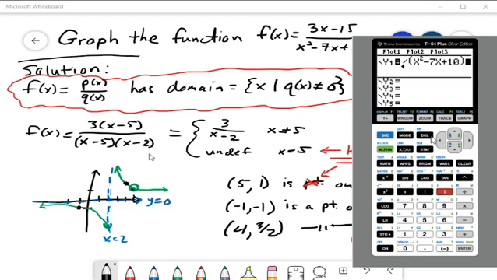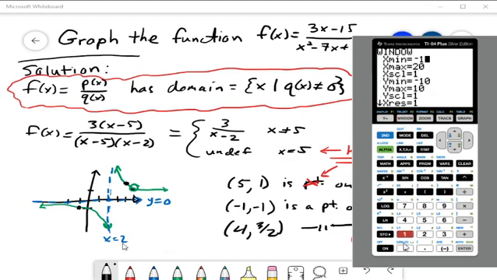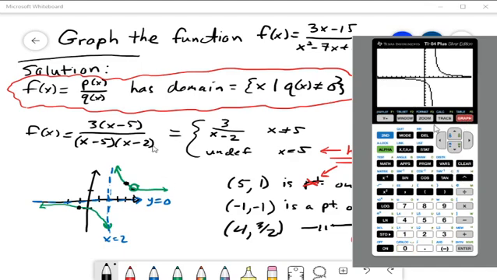So we want to see if it basically looks like our graph we have here. Let's do the standard window, -10 to 10 by 1s, and -10 to 10 by 1s. Okay, graph. There, that looks pretty much right.